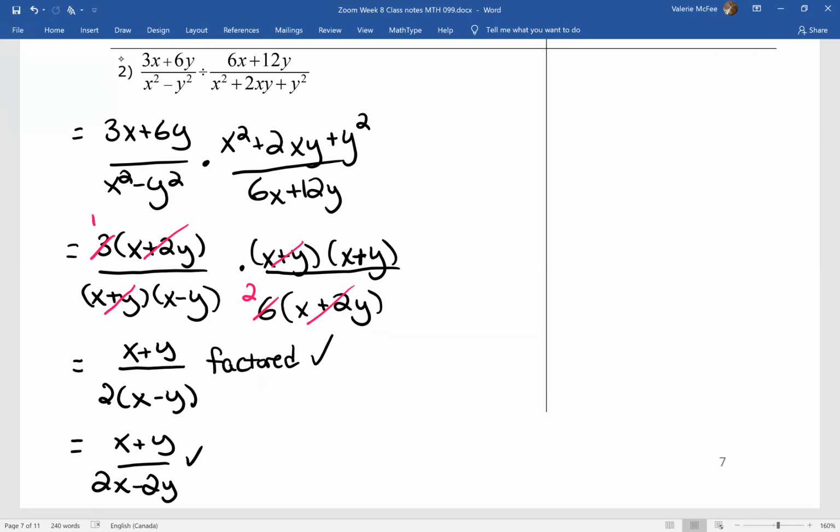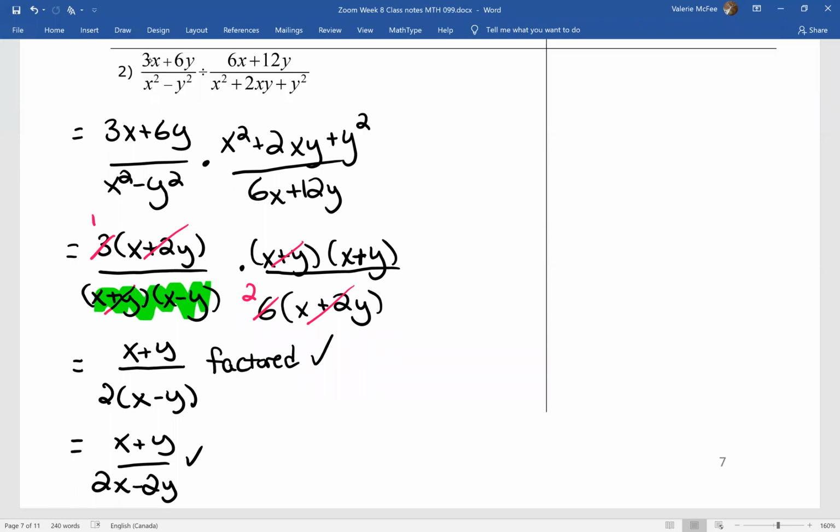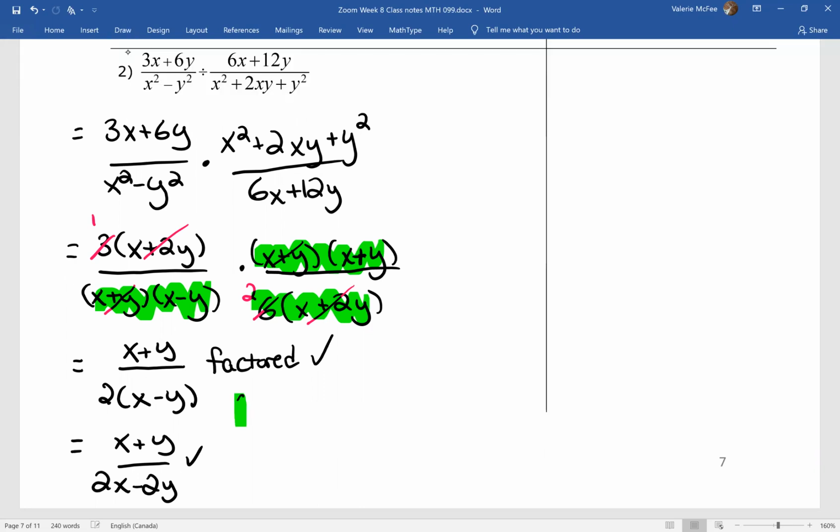If you haven't already found the restrictions, you could pause your video. Remember, we're looking at B, C, and D. So let's start with this factor.